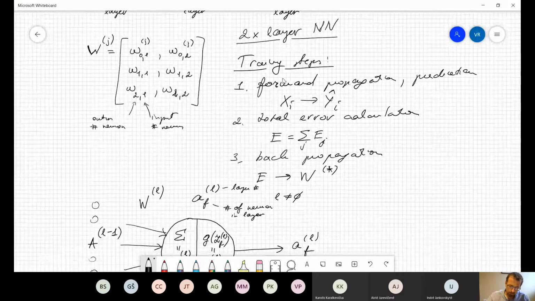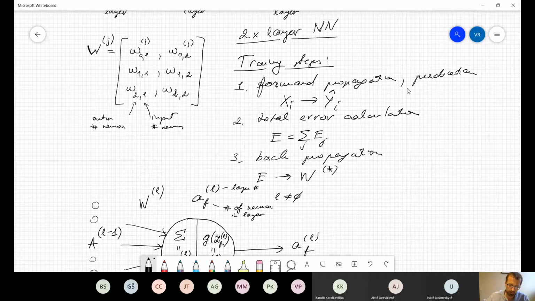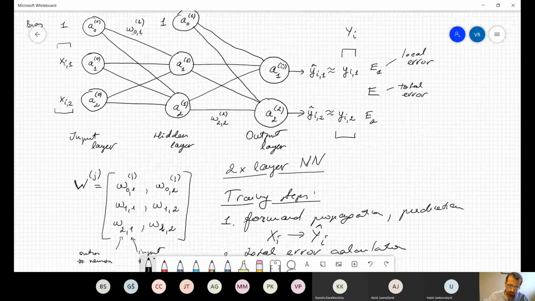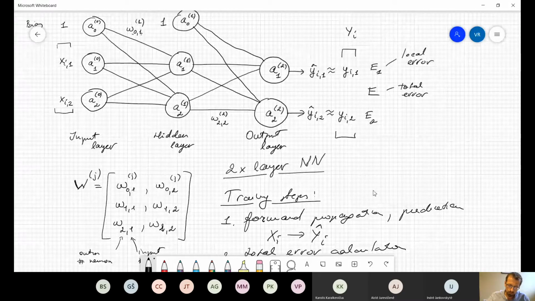Okay, so for the training steps, we looked into the three-step propagation. The first step is forward propagation, where we move values forward through the network. So basically calculate from the input vector the output vector. Currently in our toy network, we have an output vector composed of a couple of elements, y1 and y2.